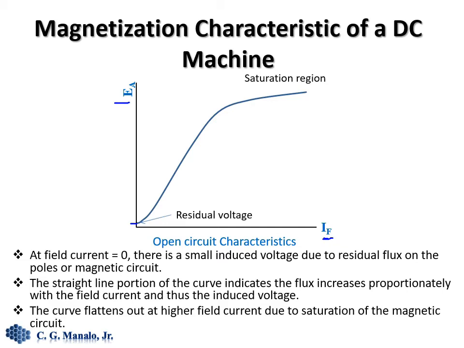So when you buy or acquire a DC machine, usually associated with it are its magnetization characteristics that you can use to study or predict the behavior of that machine.